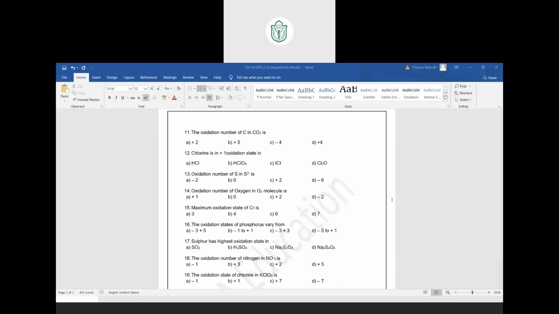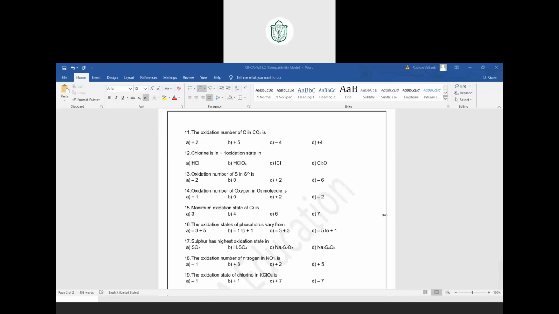What is the oxidation number of phosphorus in PH3? -3 or +3? It is -3. Why?